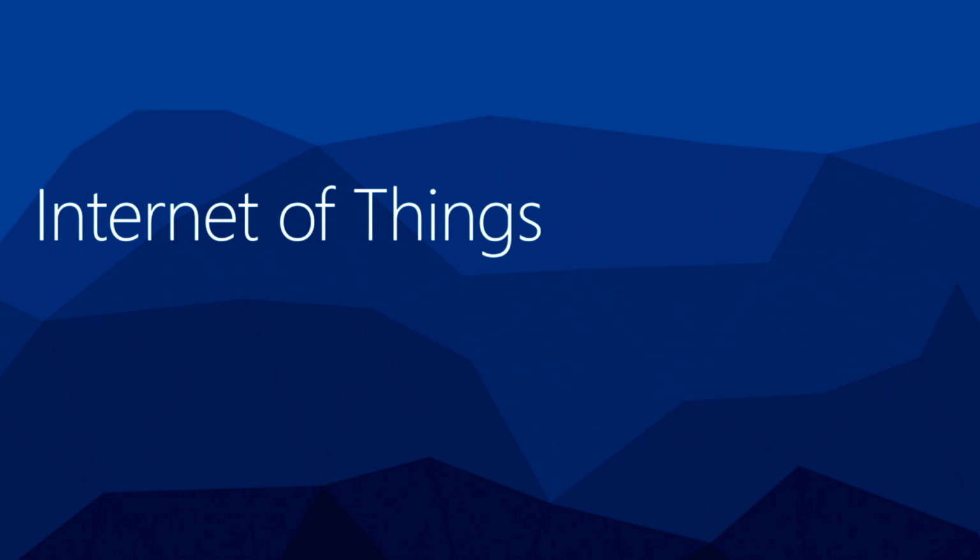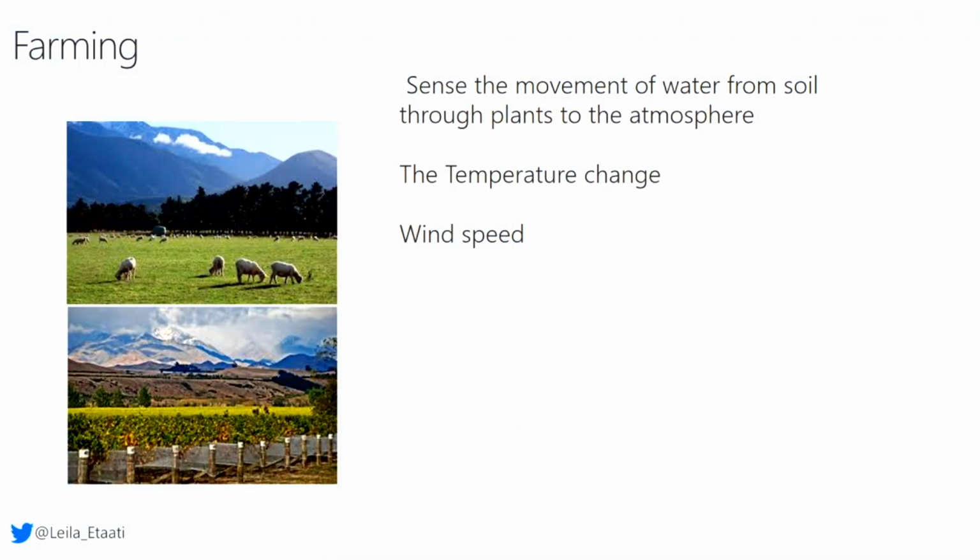First of all, what is the Internet of Things, or simply IoT? I'm living in New Zealand, and we have lots of farms there, and they are really high-tech. They need lots of technology to monitor what's happening on the farm.